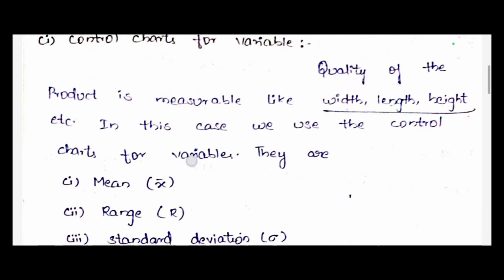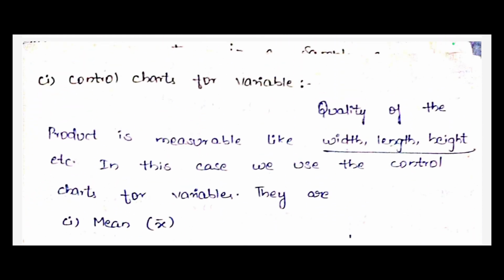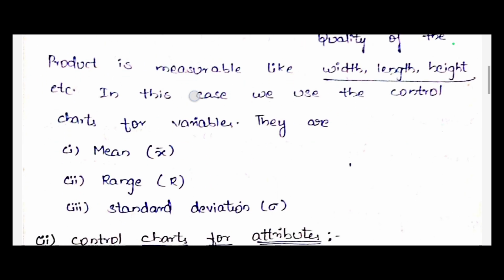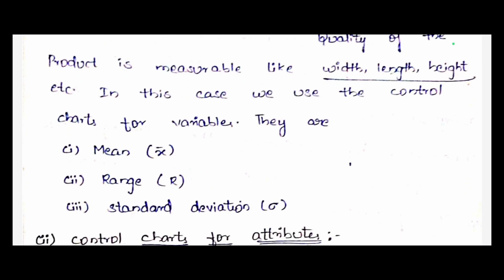When the quality of the product is measurable, like width, length, height, etc., we use the control charts for variables. They are the mean chart, range chart and standard deviation chart. The mean chart is denoted by X bar, the range chart is R, and the standard deviation chart is sigma.